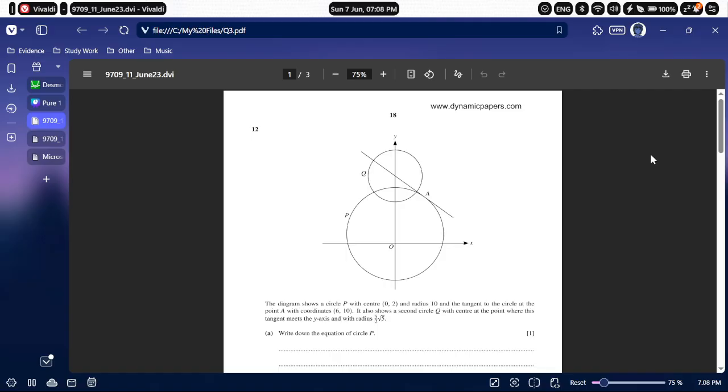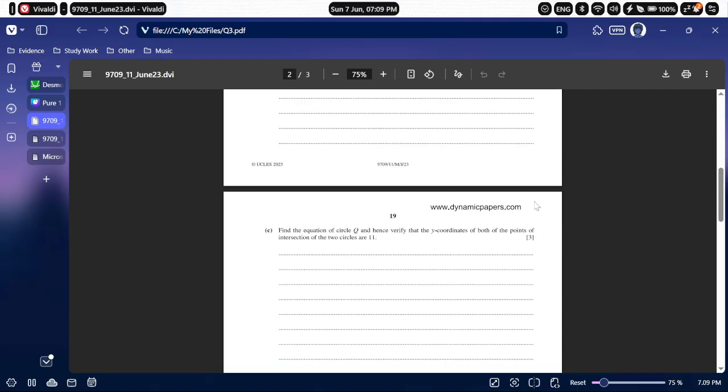You can equate the two circles to each other, or substitute x or y into the other circle, and then you'll get an equation, a quadratic. You would get 2 points, and both points would have y is equal to 11 and two values of x. Does that make sense?